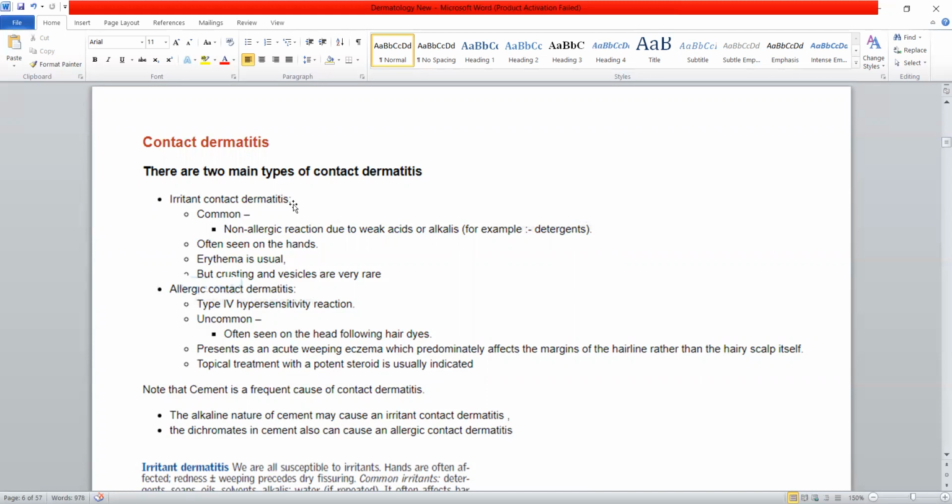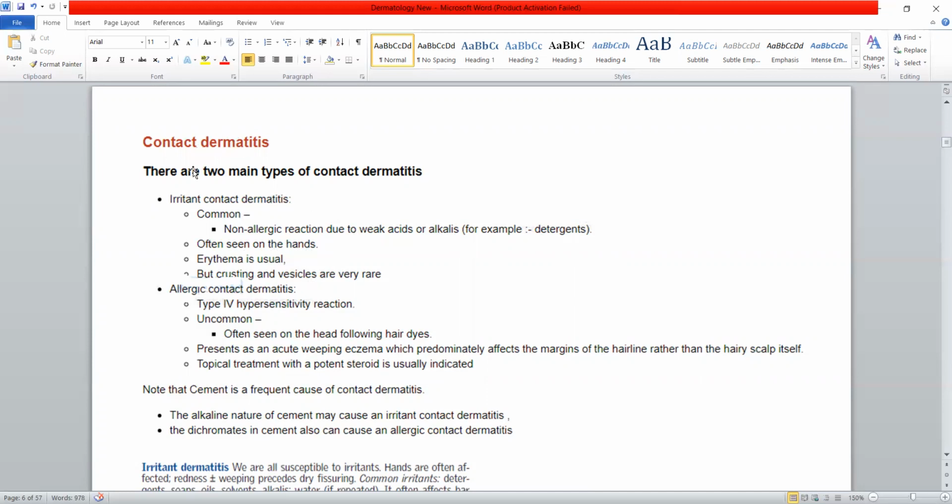Irritant contact dermatitis is due to a non-allergic reaction to weak acids or alkalis such as detergents. It is often seen on the hands and erythema is usual, but there are no crusting or vesicles.